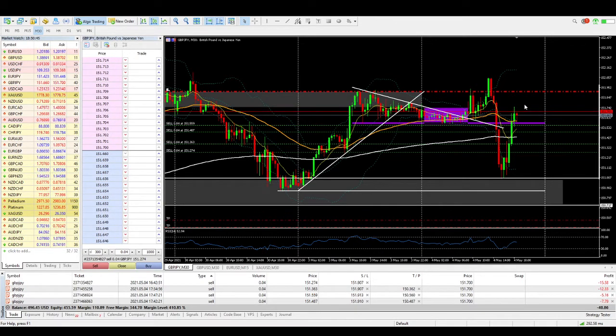Okay, so that's $1.50. So each time I'm putting in a trade with this volume, it is $1.50.